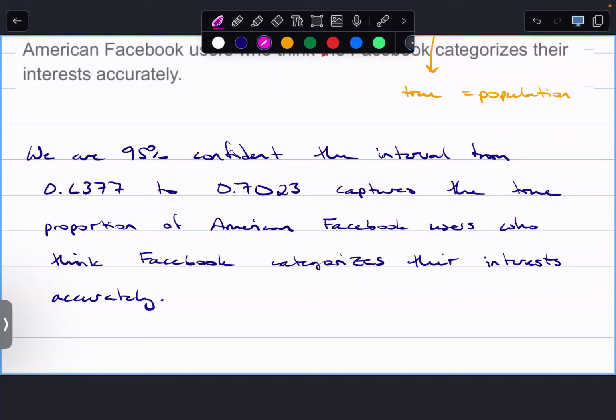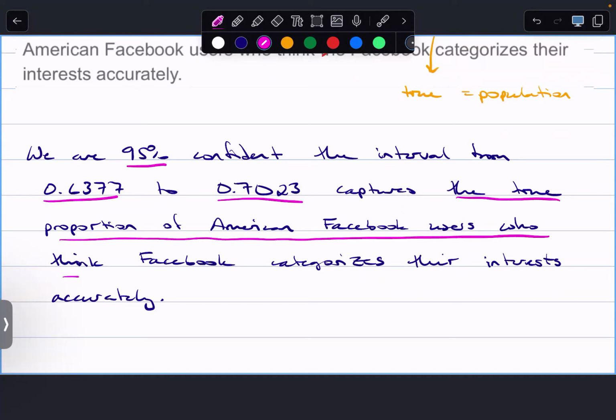Right. So here, that's what changed. The interval from here to here captures the true proportion of American Facebook users who think Facebook categorizes their interests accurately. Nice. And doesn't that sound cool? Huh? Wow.